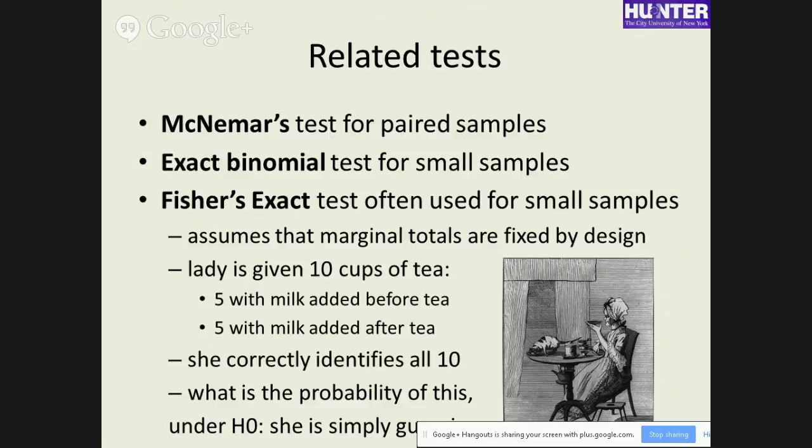Does that make sense? The difference between these two setups, between the null hypothesis for the chi-squared test and the null hypothesis for Fisher's exact test? Can you see why the margins are fixed in this case?